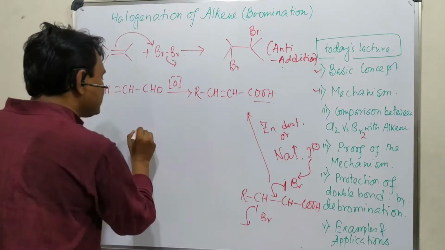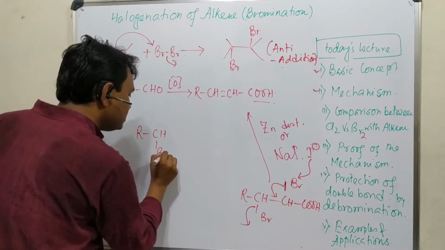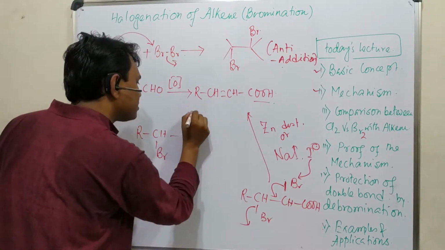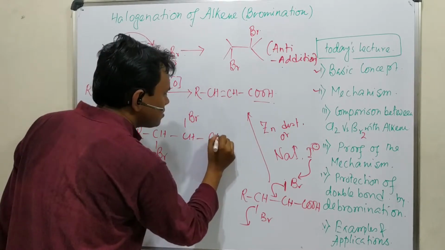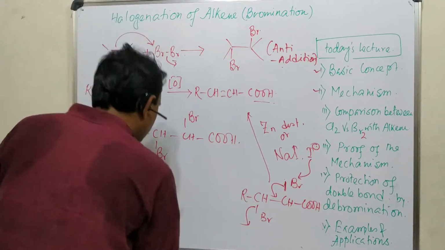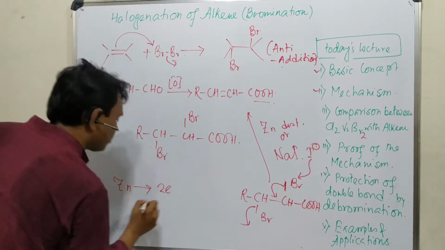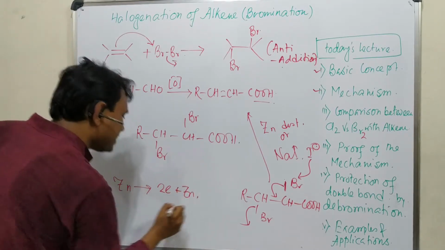But in case of zinc, how is this reaction happening? A similar thing you can think, that zinc is capable of producing 2 electrons. Zinc can give 2 electrons plus Zn2+.